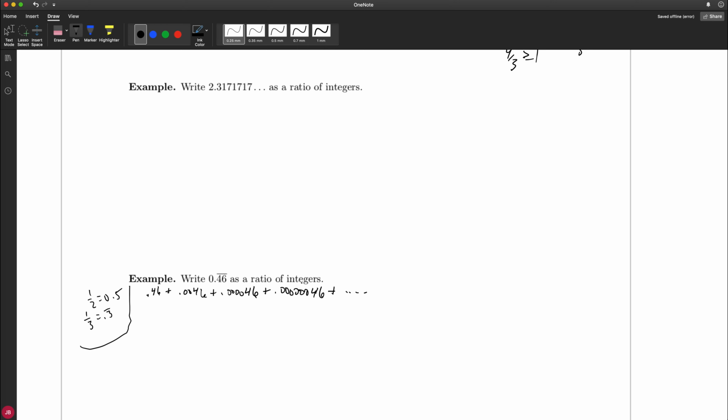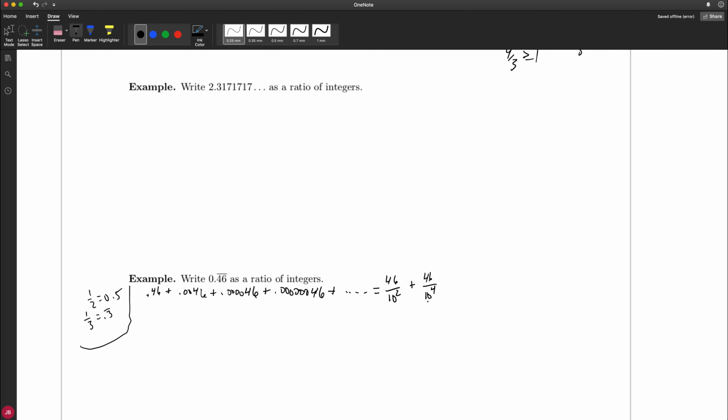Okay. Well, 0.46 is just 46 over 100, which I'm going to write as 10 squared. So 46 over 10 squared. I hope you'll allow that. The next one here, 0.0046, well, that's 46 over 10,000, which I'm going to write as 46 over 10 to the 4th.